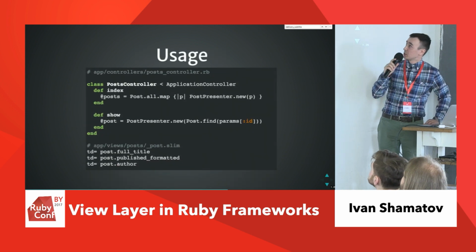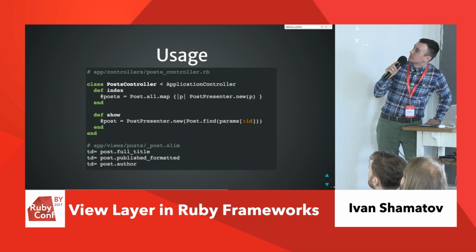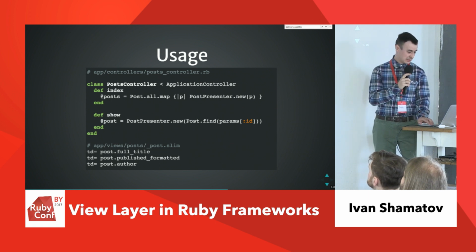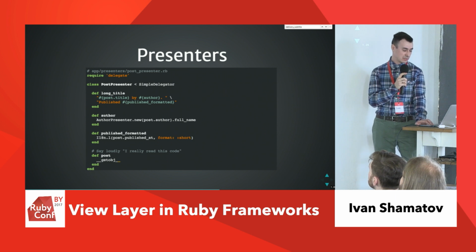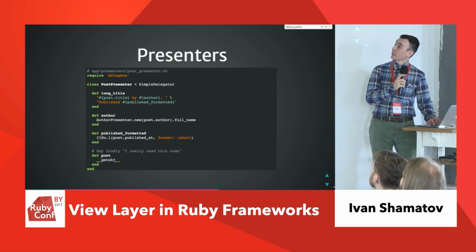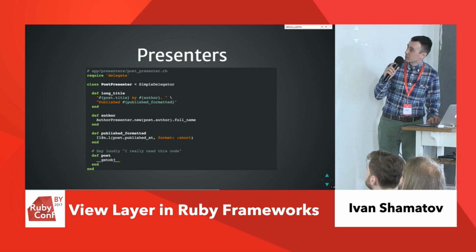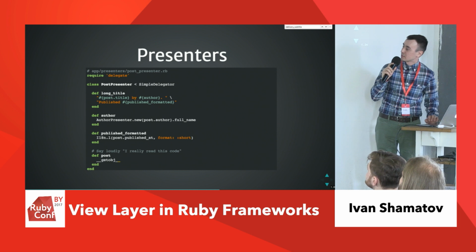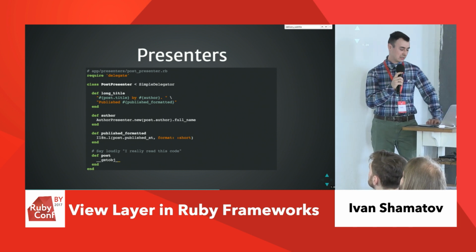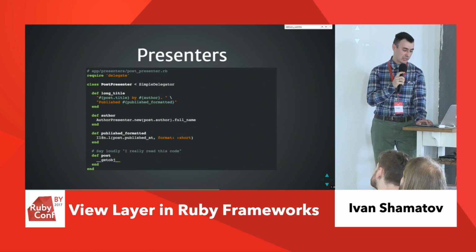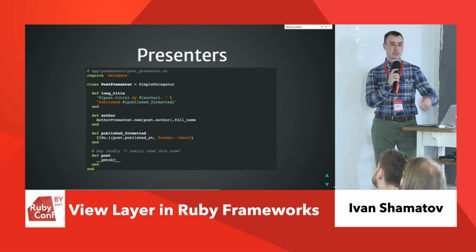So how can we use that? Because we made the presenter inherited from SimpleDelegator, we've got a post object, which is just the object. So we can operate with it, and we can ask for its attributes.